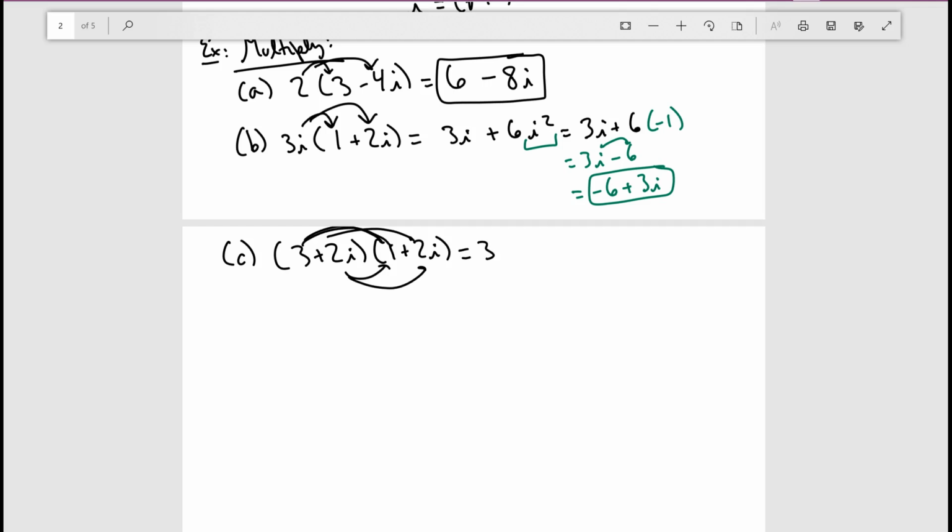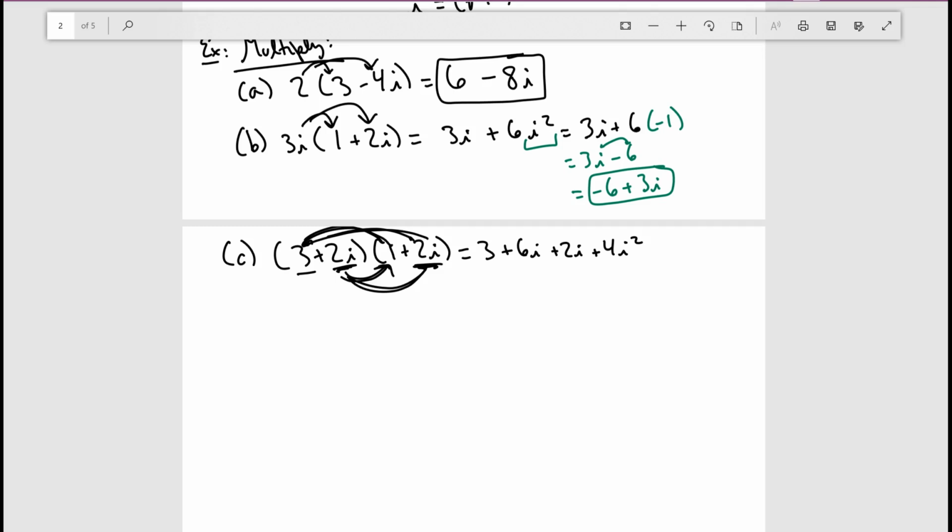That was the first term. Then I'm going to do the first one times the last one. 3 times 2i is going to give me plus 6i. Then this 2i times this 1 is going to give me plus 2i. And then 2i times 2i is going to give me 4i squared.